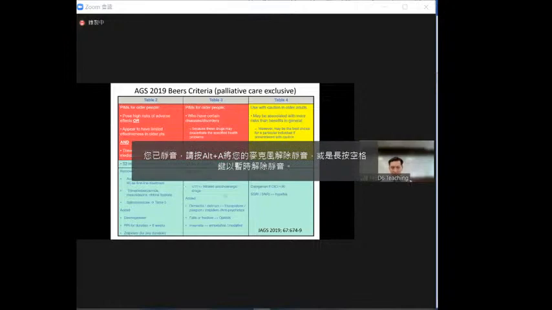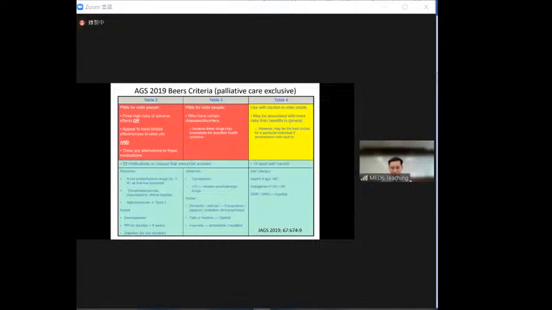For example, patients with dementia, we would try to avoid the Z drug, antipsychotic, and patients with fall or fracture, try to avoid opioid if possible, etc. Okay, certain condition and drug pairs. And there are some situations where patients may be associated with higher risk than the usual one.